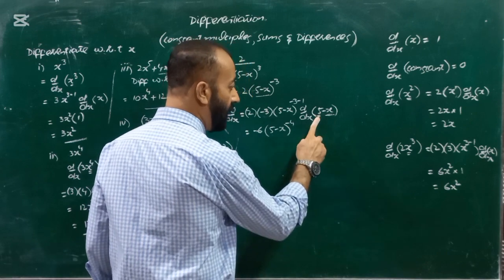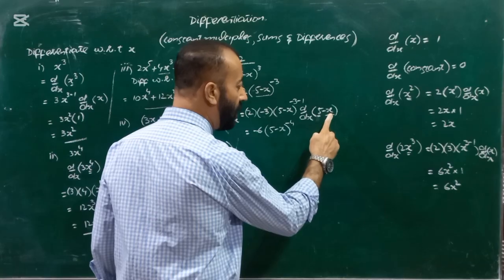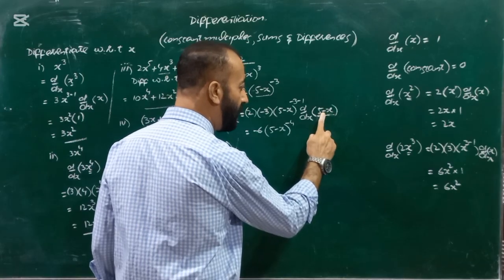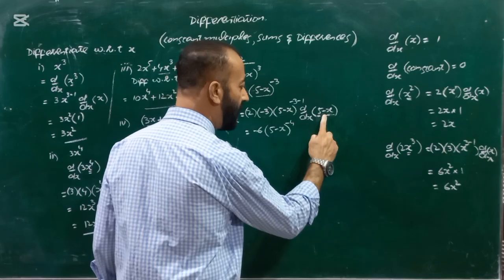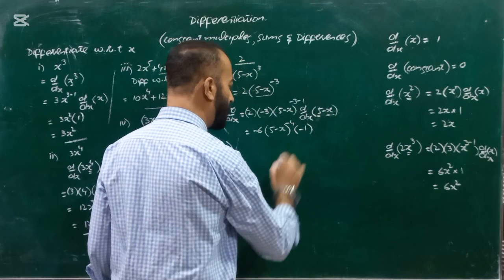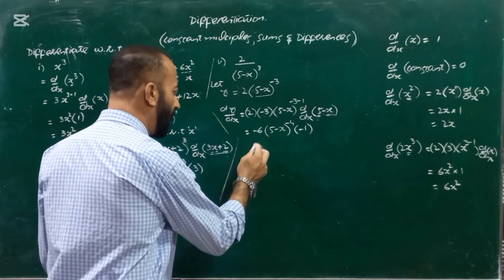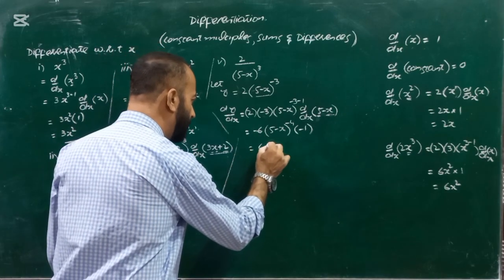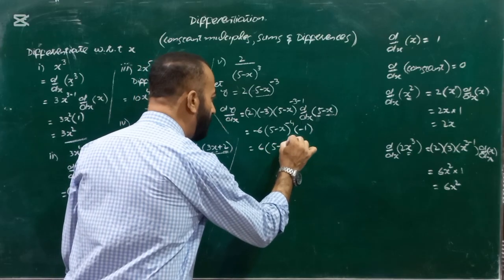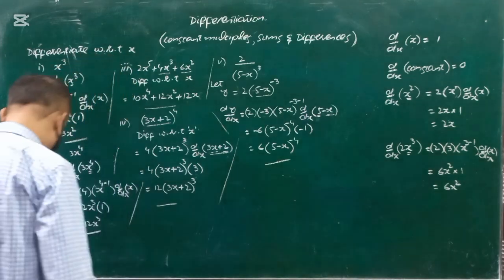Again listen, the differential of a constant will be 0, but the differential of a variable is 1, but the variable is having sign minus, so the answer will be minus 1. Solve it further. This minus 1 into minus 6 will be plus 6 into 5 minus x raised to the power minus 4. So this is the answer.